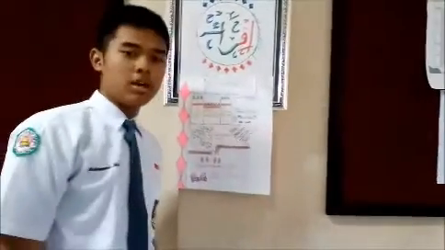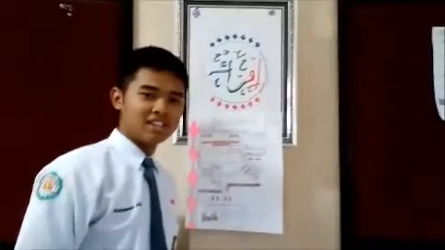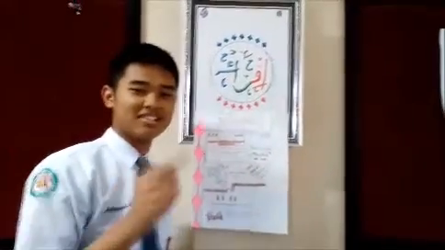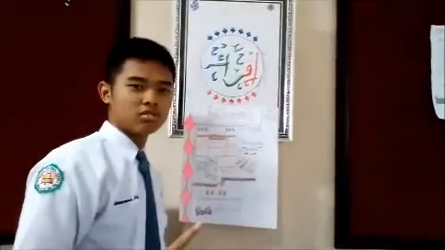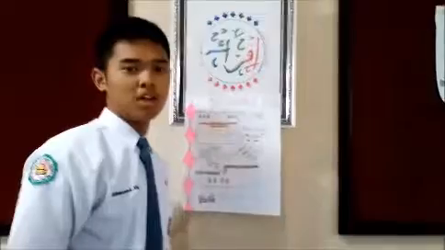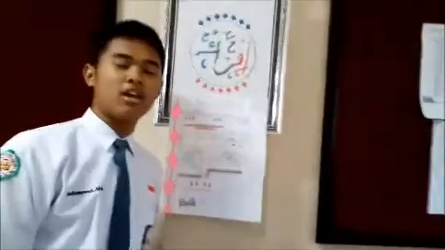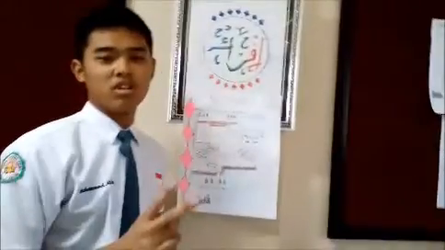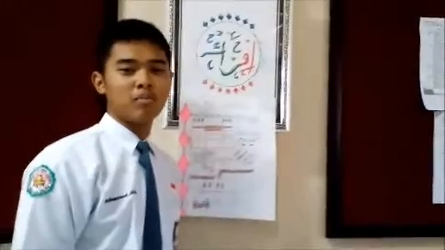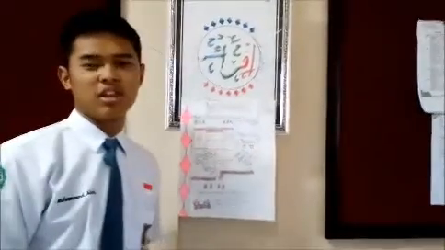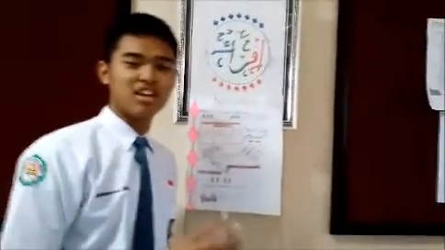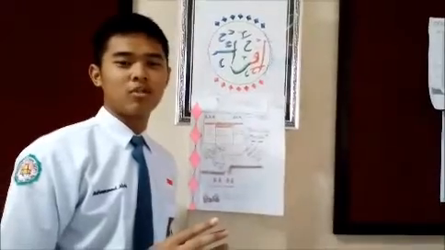After that, we find the highest degree of the monomials, and that is the degree of the polynomial. If the degree of the polynomial is 1, it is called a linear polynomial. If the degree is 2, it is called a quadratic polynomial. And if the degree is 3, it's called a cubic polynomial.